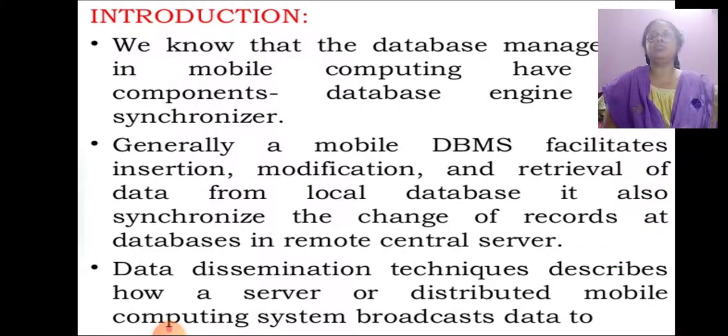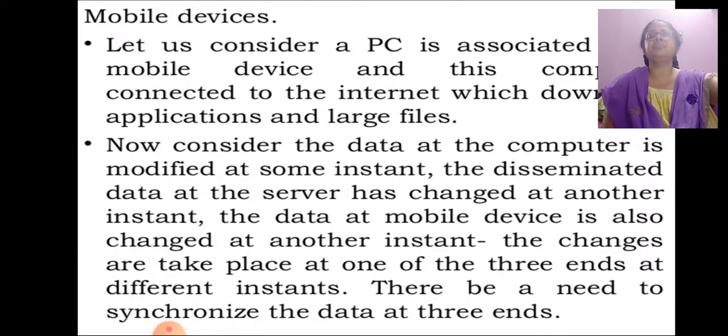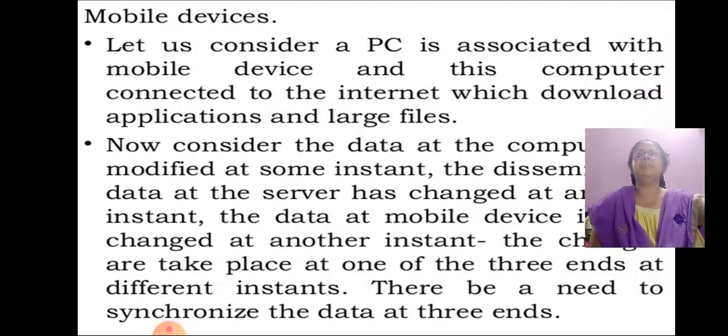It also synchronizes the change of records at the database in the remote central server. Data dissemination techniques describe how a server or distributed mobile computing system broadcasts data to mobile devices.